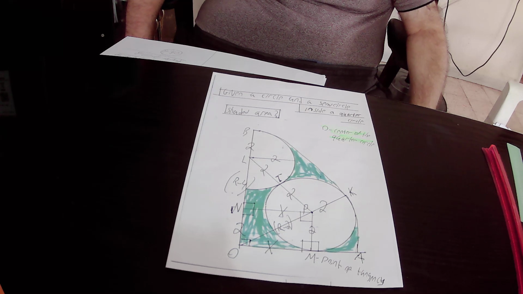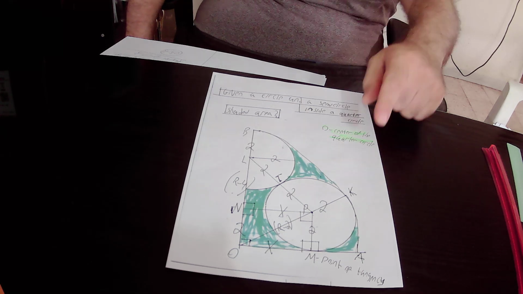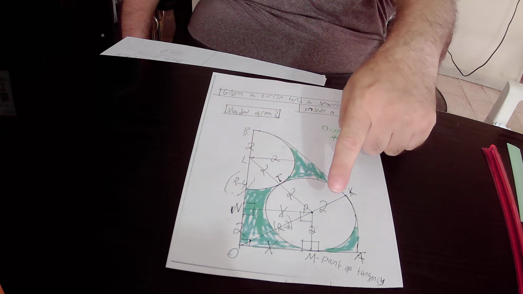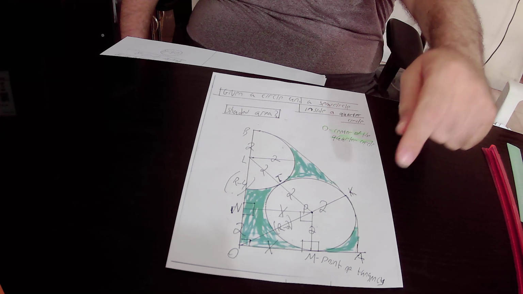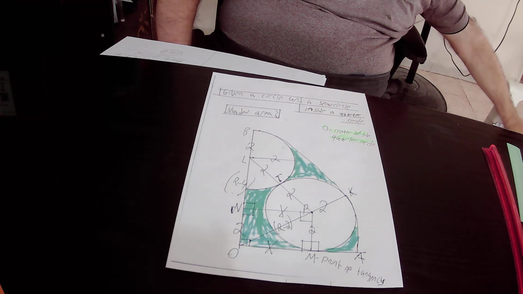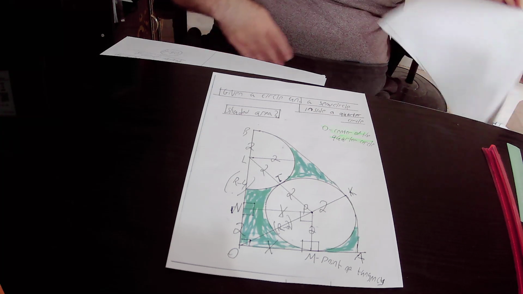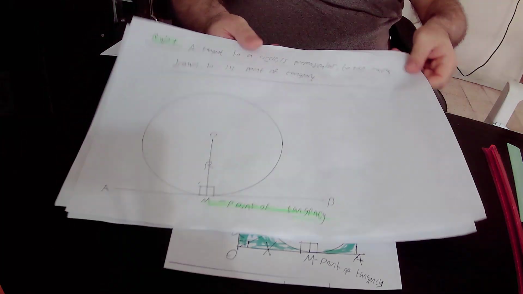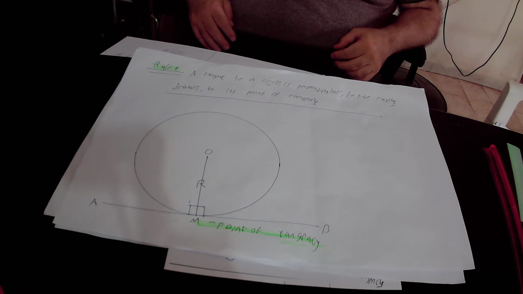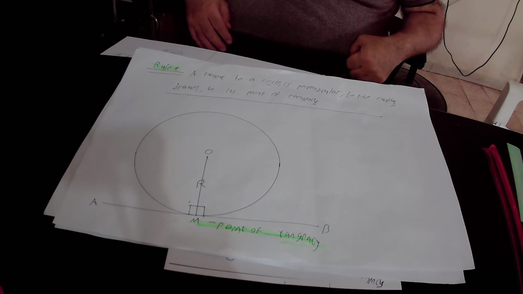Okay, so here AO is tangent to this circle at point M. Point M is the point of tangency, and we also have rule number 1 that states that a tangent to a circle is perpendicular to the radius drawn to its point of tangency.